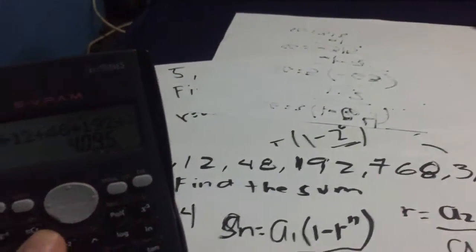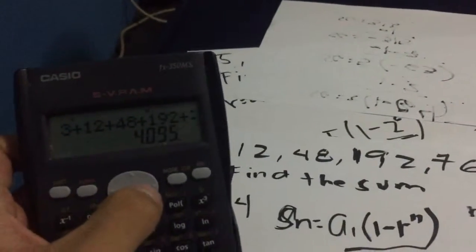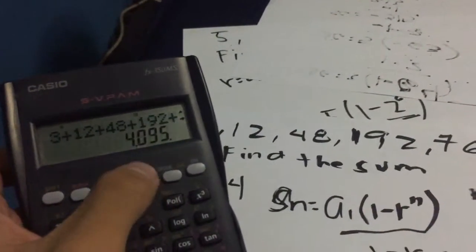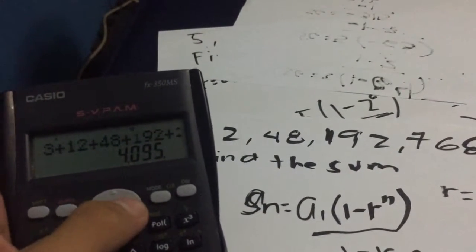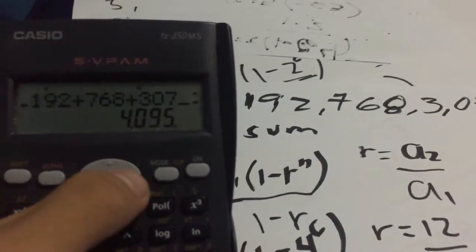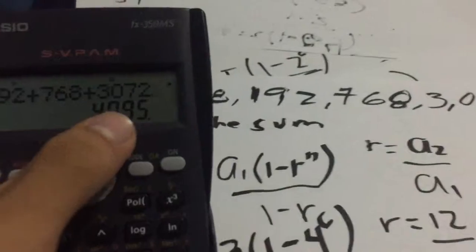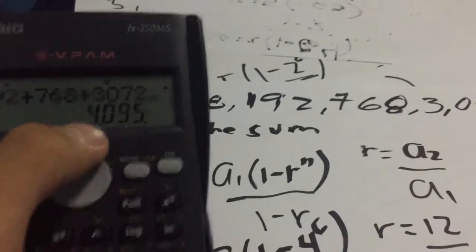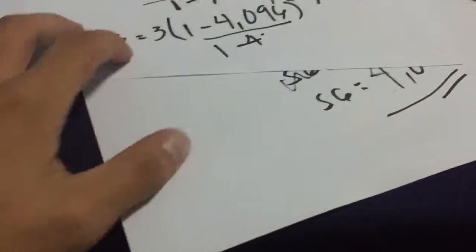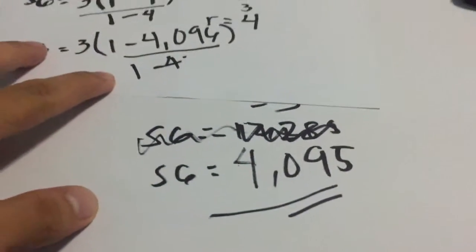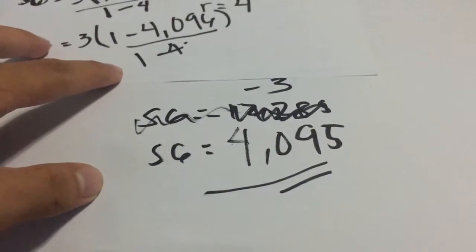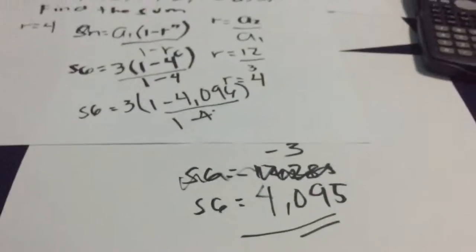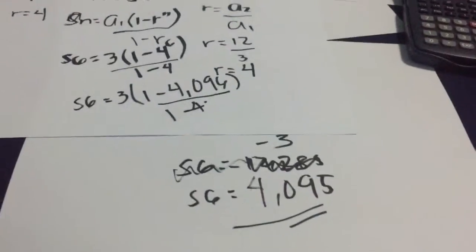So now it is done. 3 plus 12 plus 48 plus 192 plus 768 plus 3072 is equal to 4095. So just like our computed sum using our formula, our answer is correct.